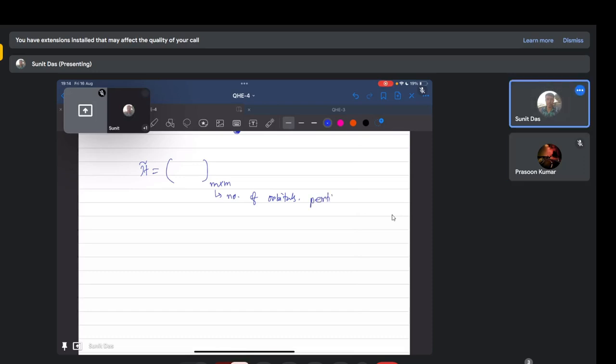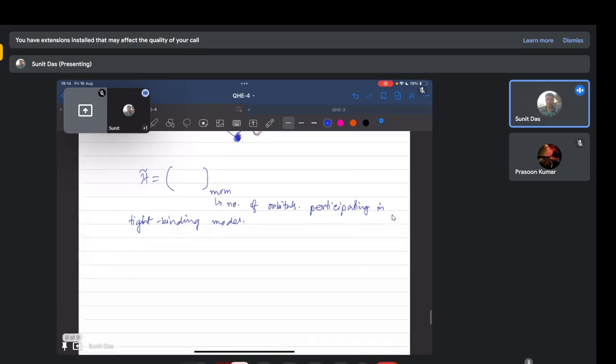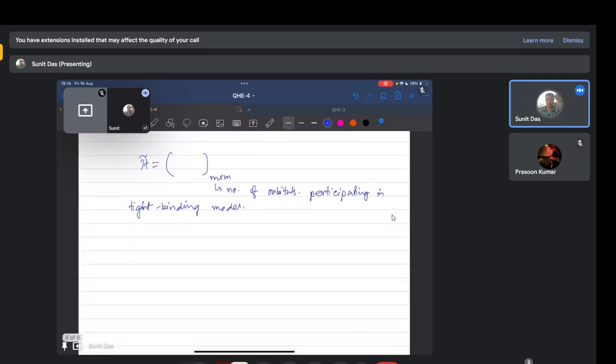participating in the tight binding model, or let's say approximation. And from the DFT, again we have to go back to the DFT.